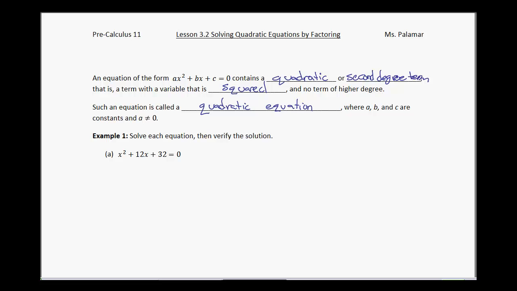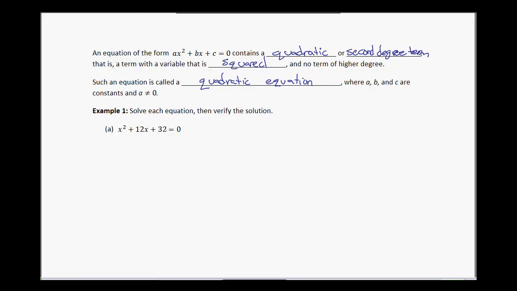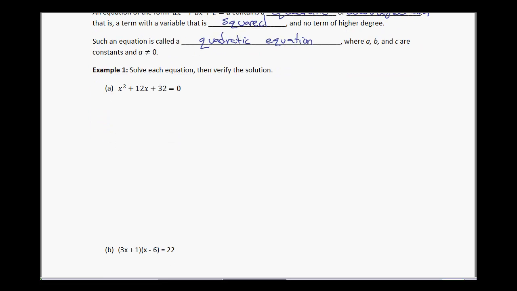Example 1. Solve each equation, then verify the solution. Part A, we have x squared plus 12x plus 32 equals 0. So first, we need to factor. Using our AC method, we have 32.